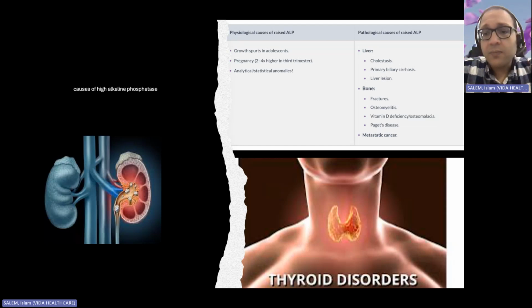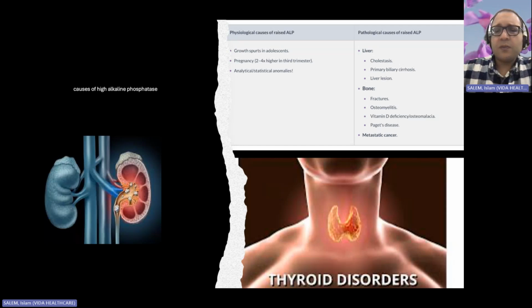And in children, because they are growing, and you know that alkaline phosphatase is one of the important chemical mediators in bone metabolism. So if you find it in the children, that's considered to be normal, provided that the patient doesn't have symptoms. And then analytical or statistical anomalies, and we'll come to that and explain it in detail because it's a very important concept in medicine.